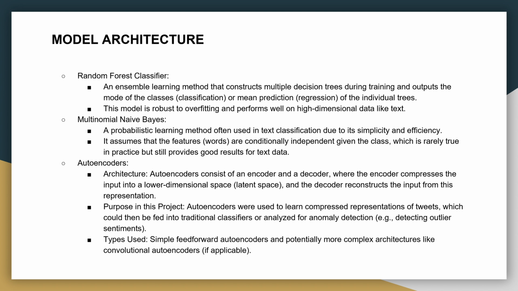These representations could then be fed into the traditional classifiers or used for anomaly detection, such as identifying outlier sentiments that do not fall within the usual patterns. We experimented with simple feed-forward autoencoders and potentially more complex architectures like convolutional autoencoders.